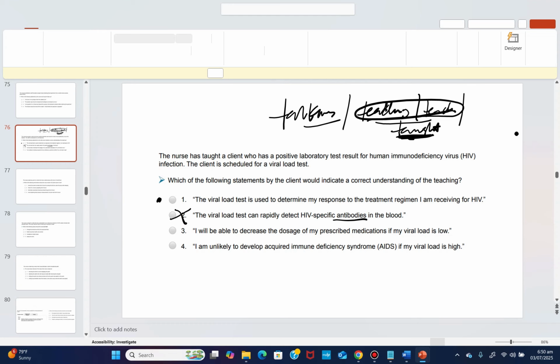So now number three: I will be able to decrease the dosage of my prescribed medication if my viral load is low. Now, this is one thing I want you to know in pharmacology. In pharmacology, we don't tell patients to decrease their dosage. It's totally wrong. So if you see anywhere that the patient is saying I would decrease, no. Let me even tell you some things that are wrong to decrease, like decreasing the amount of testing.